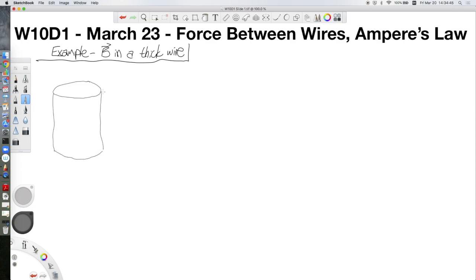So we have this wire right here. And this wire is going to carry some current that I will label in pink. Sure, why not? Some total current, I naught, traveling upward. And the radius of this wire we will call A. So this is kind of a side view.